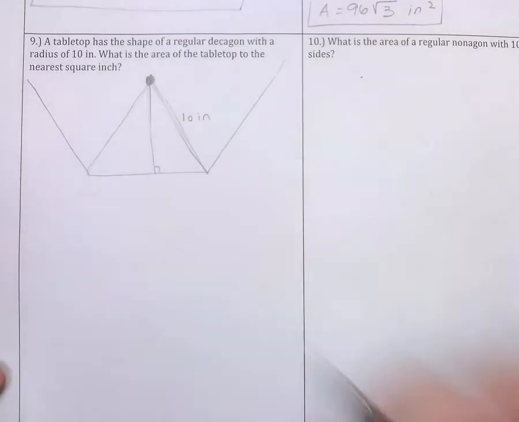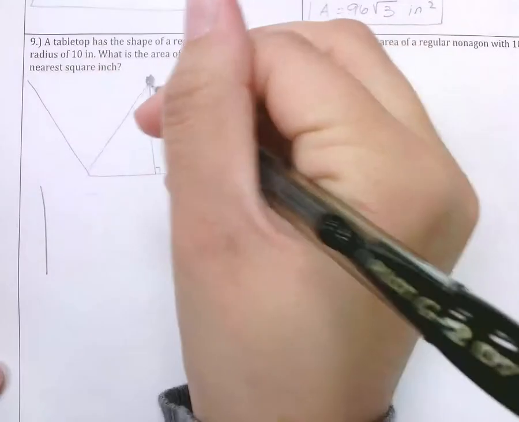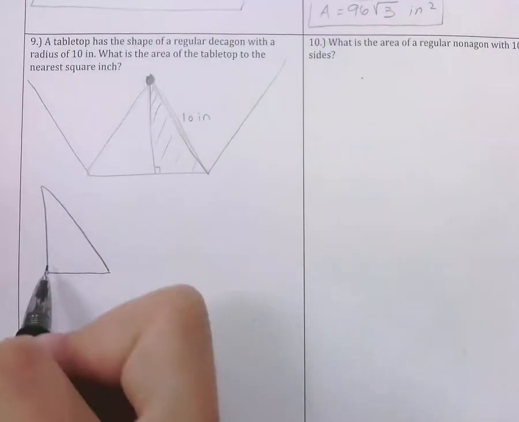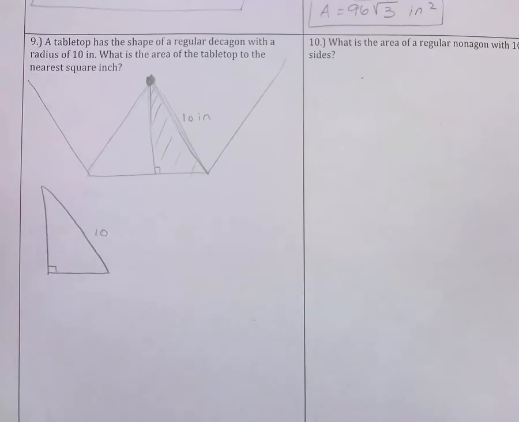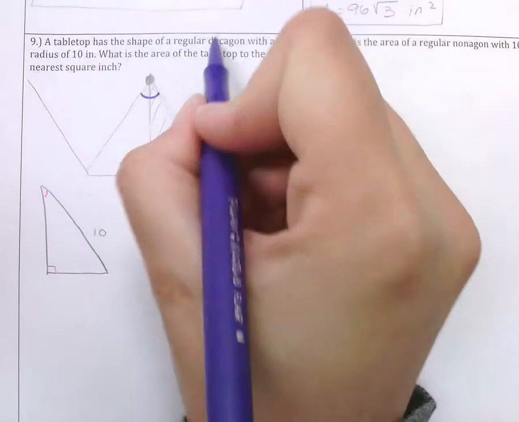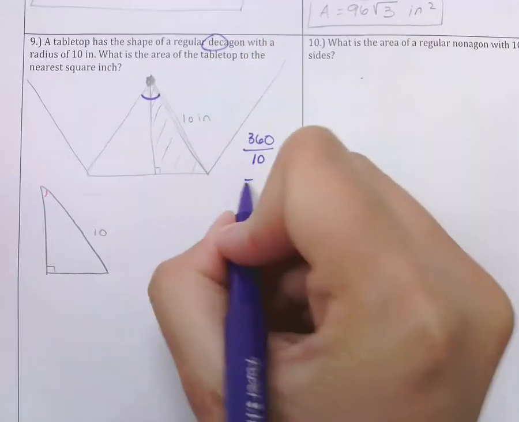What we're going to do is redraw the right triangle, this one. We know the hypotenuse is 10, and we can find this angle. First we find the entire angle by doing 360 divided by 10, because it's a decagon.